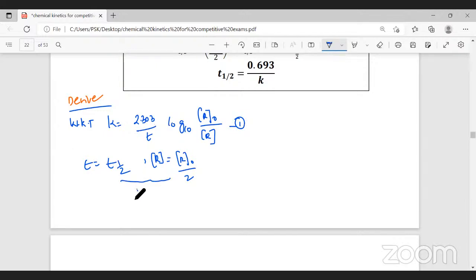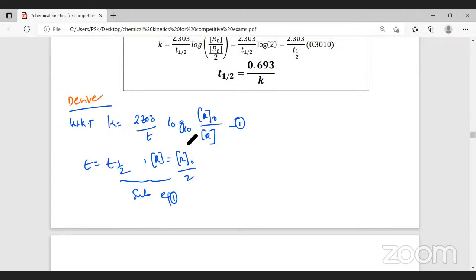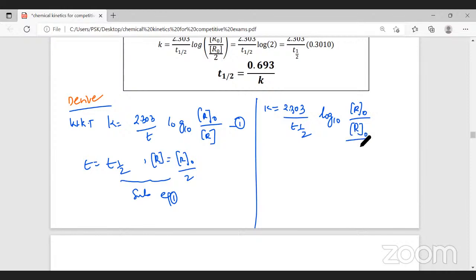Now we substitute these in equation 1. Are you following, Ajay and others? Yes, sir. When you substitute, you will get K is equal to 2.303 by T half into log to the base 10 of R naught divided by R naught by 2.